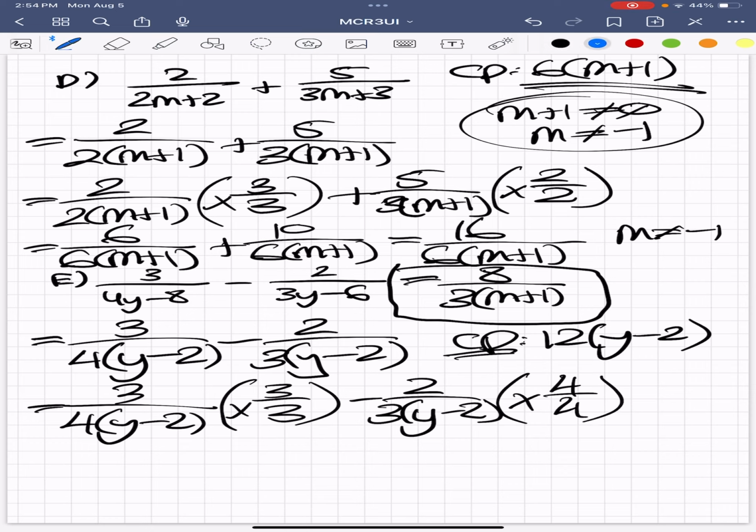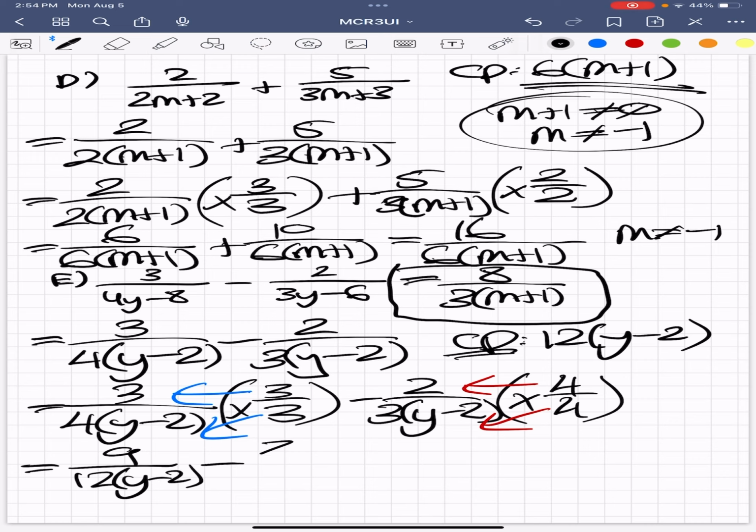We multiply the numerator and the denominator by 3 over 3, and with this piece we multiply the numerator and the denominator by 4 over 4 to get a common denominator of 12(y minus 2). That gives 9 minus 8 over 12(y minus 2).